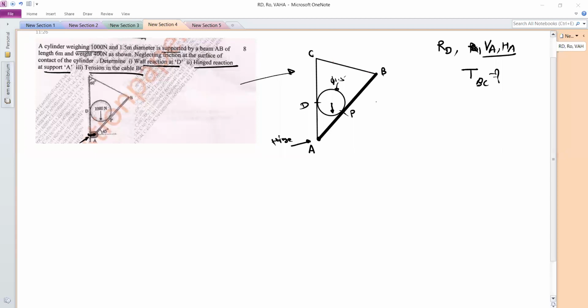Okay, so to solve this problem, your first step is to draw the free body diagram. For the free body diagram, you need to isolate the sphere from the rod. So we will draw two separate free body diagrams, one for the sphere or the cylinder and one for the rod AB.